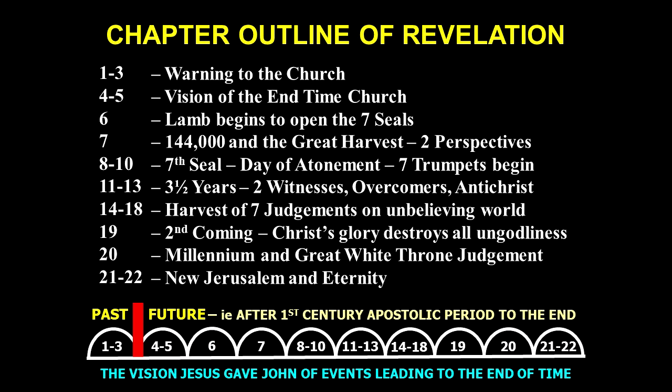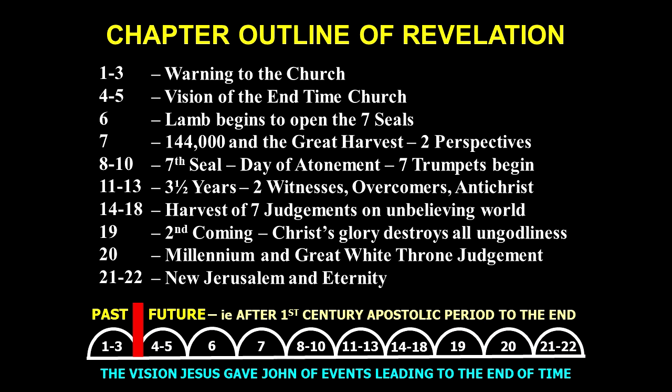Then in chapters 11, 12 and 13, we have the 3.5-year period of time spoken of very specifically, prophesied in Daniel 7, Daniel chapter 9, Daniel chapter 12, speaking of the last 3.5 years before the second coming of Christ.